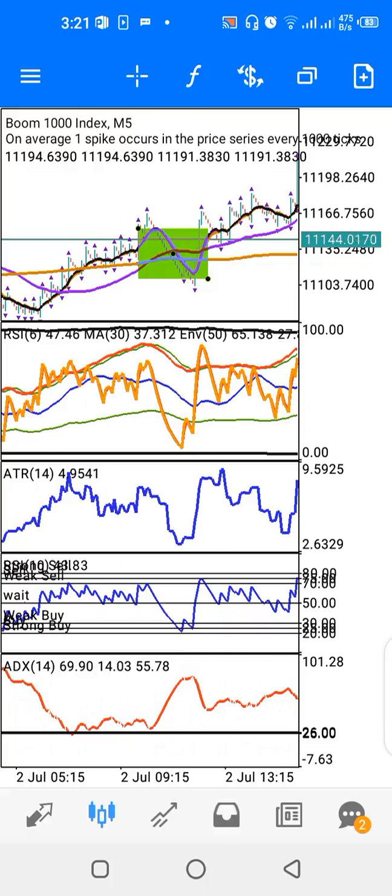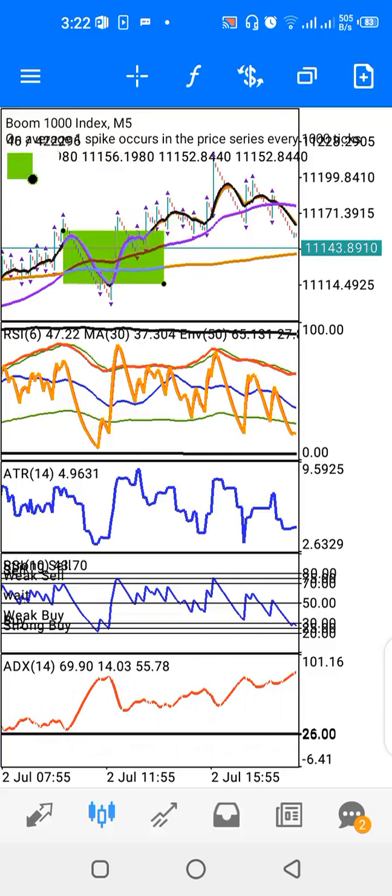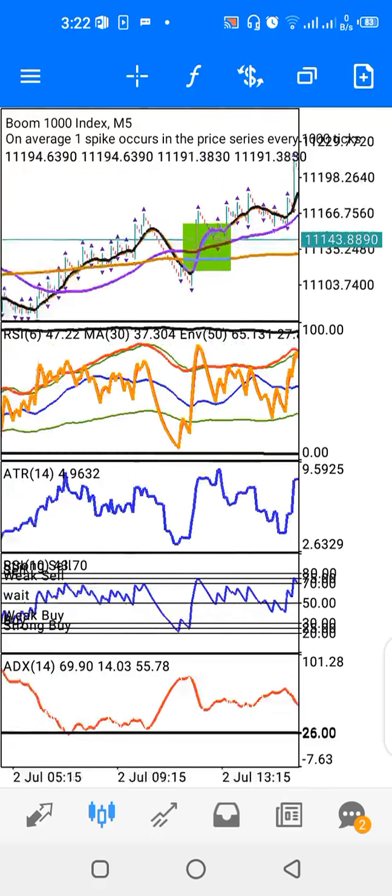That shows that you have a bullish trend formation, so you can now scalp and buy Boom 1000 index. Like you have a clean break of the black and purple line around here, clear above this orange line. So you can look for buy opportunities.